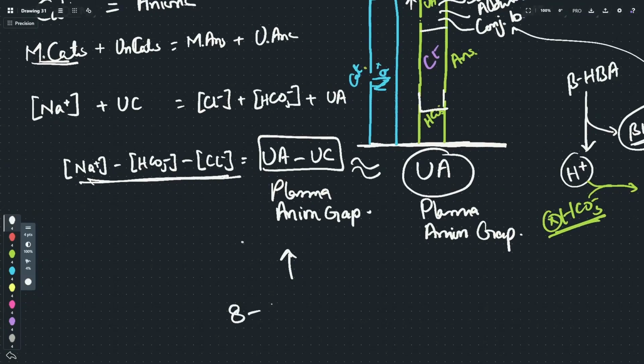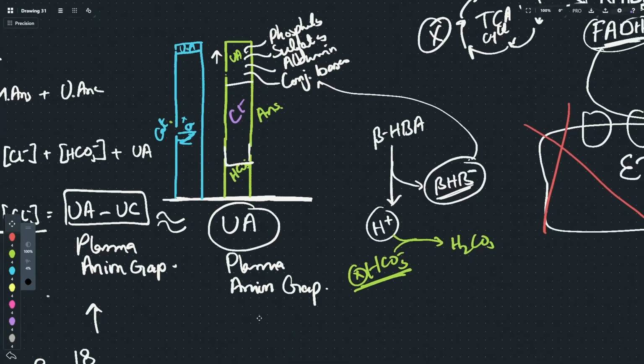Normally it is 8 to 16 mEq per liter, or some authors write 8 to 18, whatever you want to follow, doesn't matter to me. But anyhow, unmeasured anion will rise.